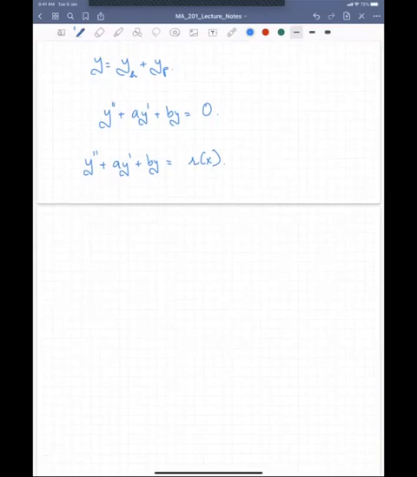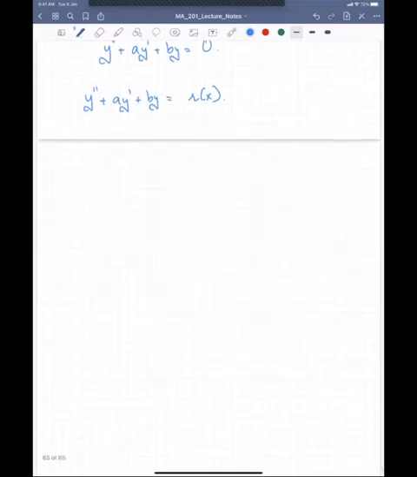As long as the function r of x is simple, like for example, simple polynomials and simple sines and cosines and exponentials, there is a certain rule book that is also given in your textbook that is fairly easy to follow. Of course, I could just give you what this rule book is, and you could simply apply it and be happy. But I want to slightly motivate where this comes from.